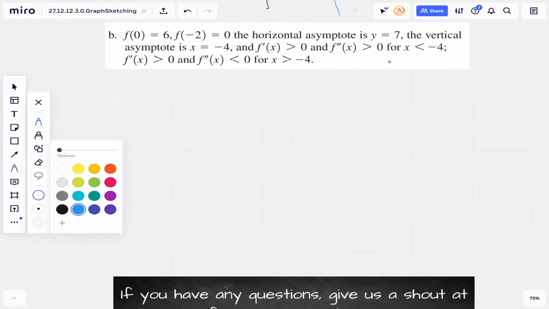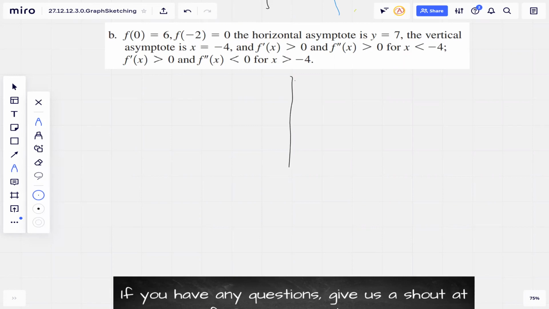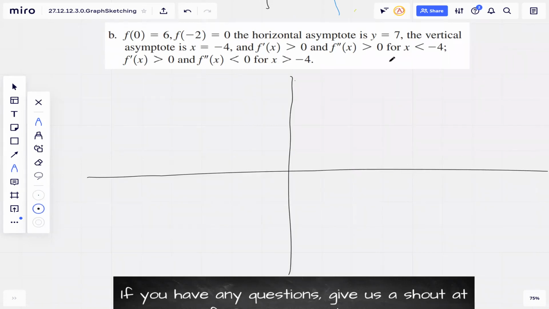Again, we always start by drawing in our axes because we want to visualize all this information. So let's draw in our x and y axes and start putting this information on the board. f at 0 equals 6, so that's our y-intercept. f at negative 2 is 0, so that's our x-intercept.